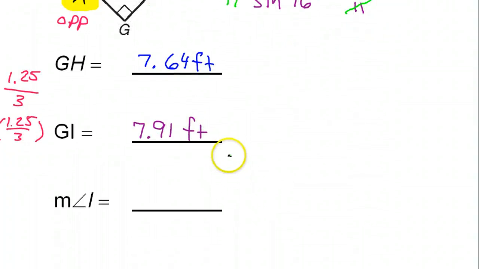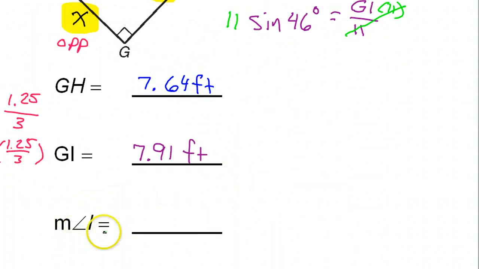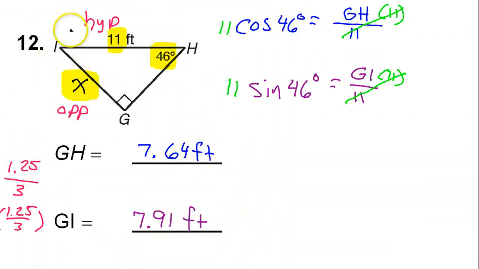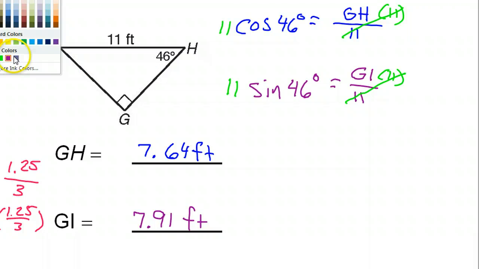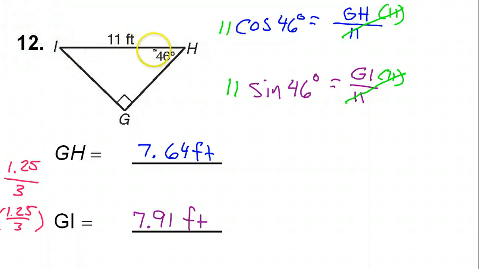Last but not least, we need to find the measure of angle I. Do we need to do some sort of inverse trig function, or is there an easier way this time? There's an easier way, because if you already know one angle, the other angle has to add up to 90 degrees. So I can just do 90 minus the first angle to get the second angle.